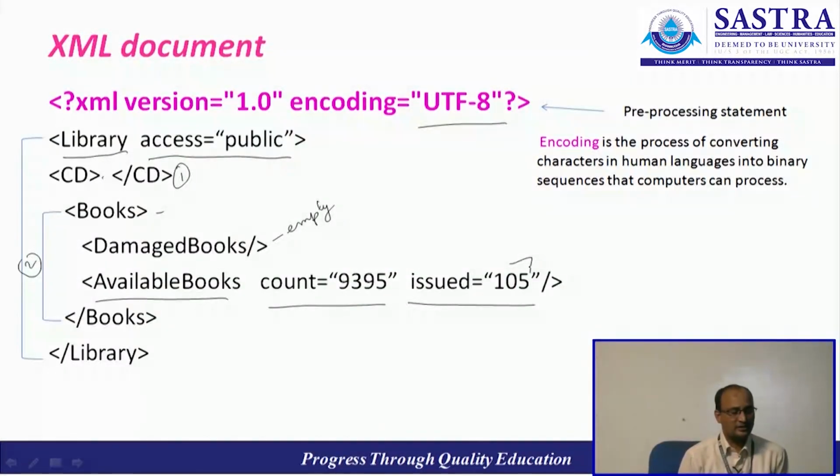Look at here, we should not miss any content, but for easy understanding, I have created two different XML documents for the same context. Try to have the same figures, 9,395, and issued books are 105, the same we have to have.